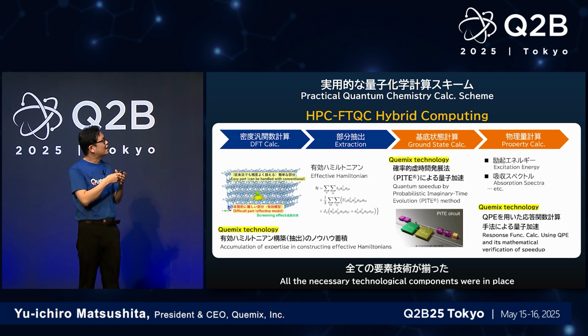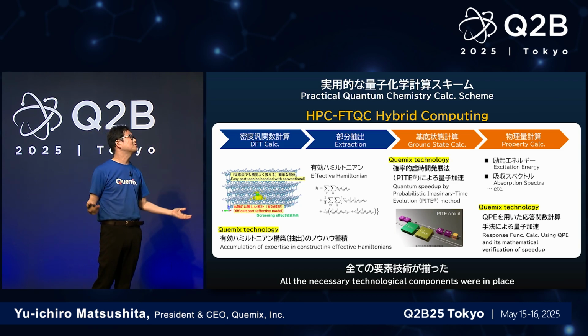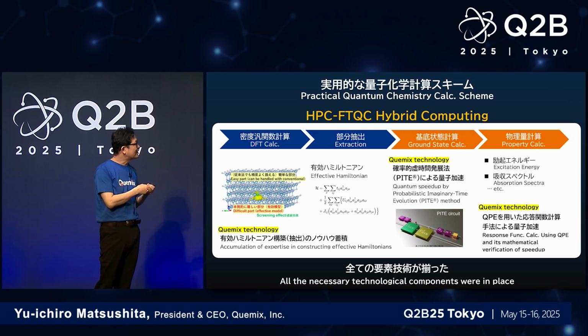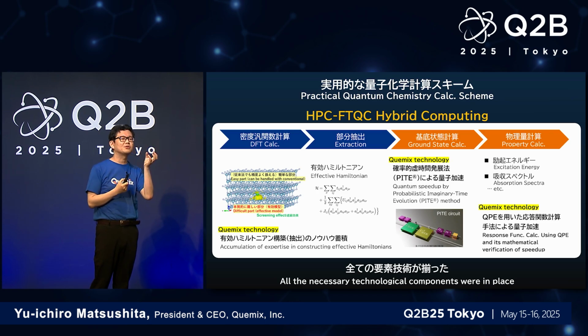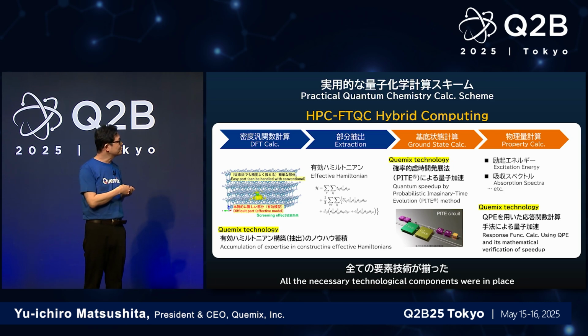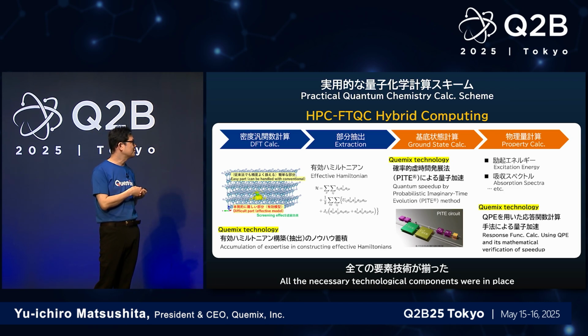First, on the left side, using our HPC, the classical computing will use DFT, for example, to solve it roughly, and then we extract the more difficult part, the hard part. That's the second step, and especially in the second step, one of our technologies is used, which is to understand how we can extract the hard part.